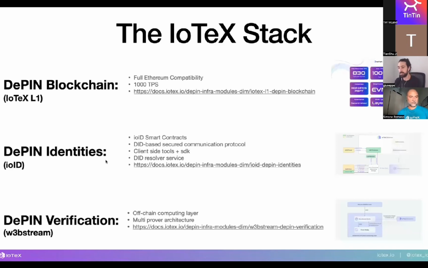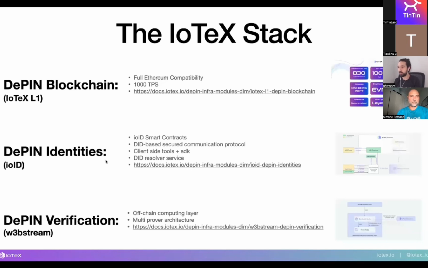It means that, as we will see in a few minutes, DePIN applications have various components, and IoTeX provides a cohesive infrastructure that puts all these components together. Some of these components are provided by third parties, and some are provided by IoTeX in-house.